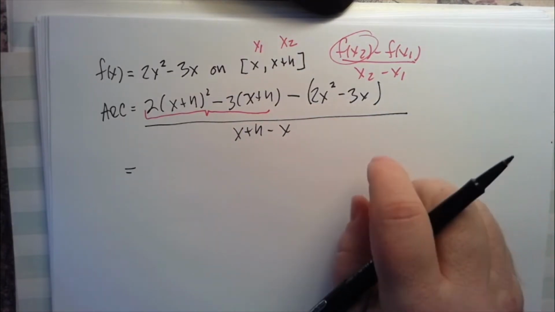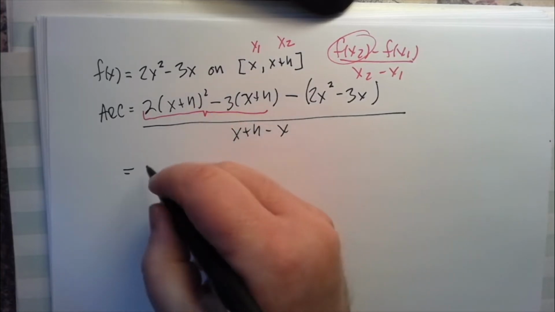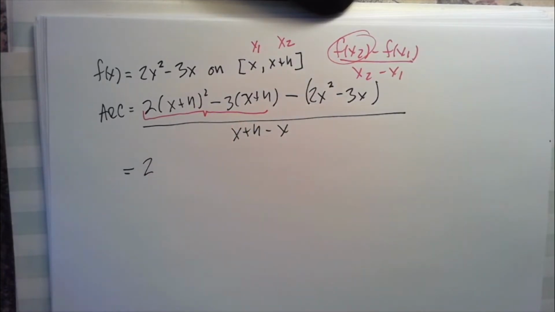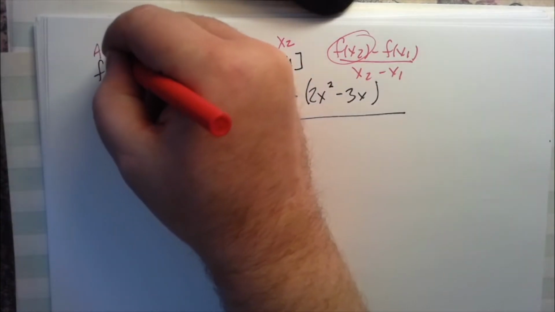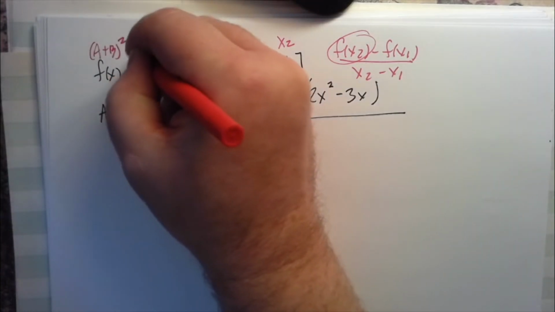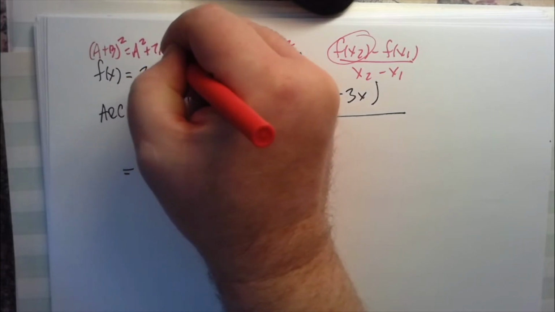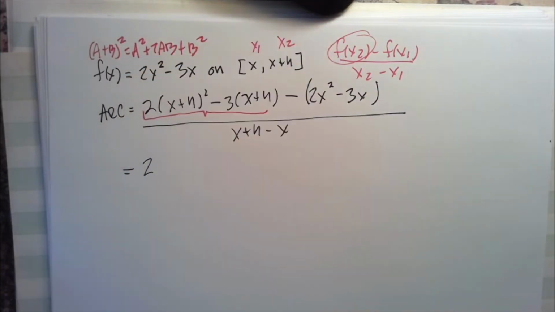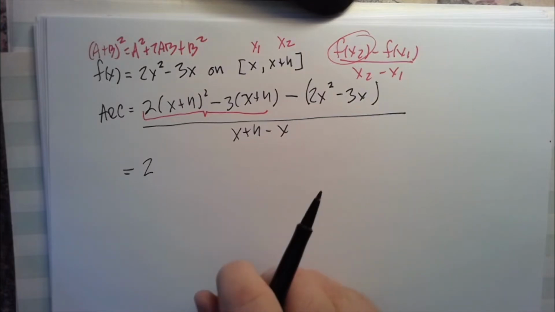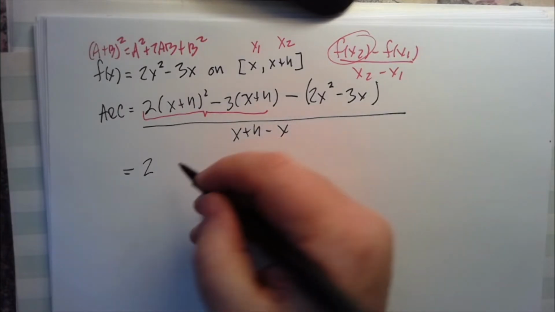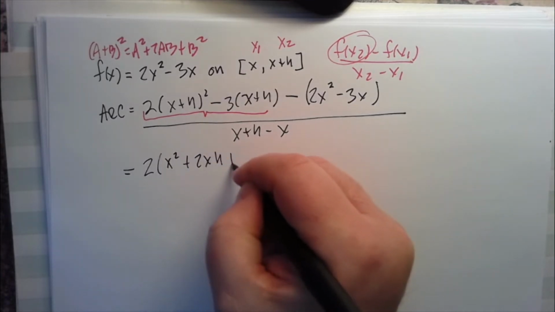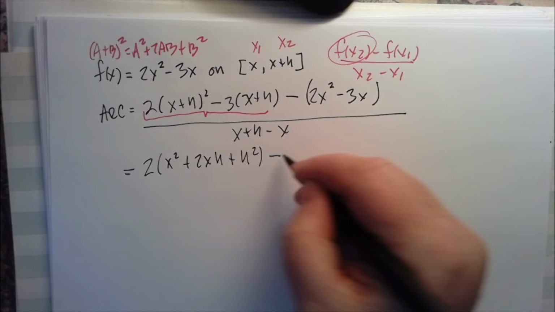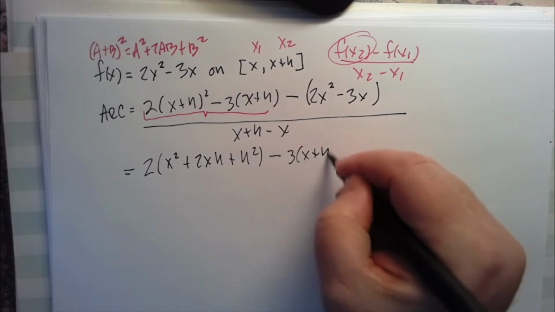All right, so now let's just multiply this one out. So we get 2, and of course, the thing we're going to multiply out goes back to the algebra formula. a plus b squared is a squared plus 2ab plus b squared, like this. To do it quickly, you can have those things memorized. So you can just do x squared plus 2xh plus h squared minus 3 times x plus h.